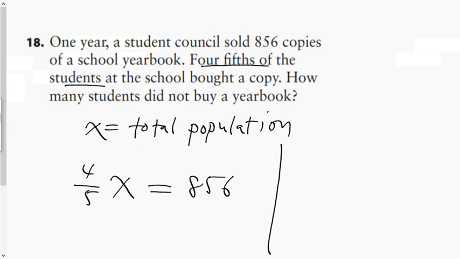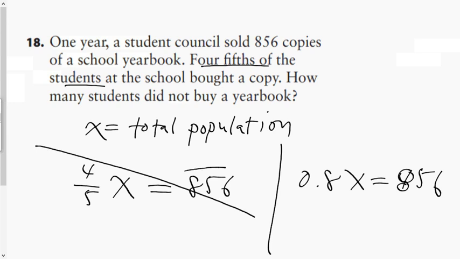Anybody? Does anyone know what 4/5 is as a decimal, or is it just me? That's right. It is 8/10. Sorry, 0.8. So, if you are intelligent, you will opt for the decimal coefficient as opposed to the fractional coefficient.